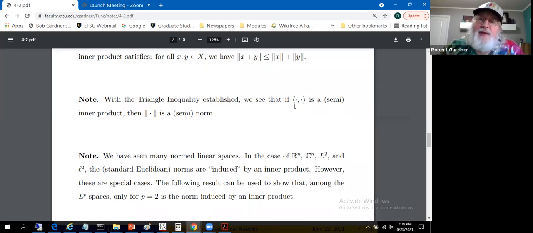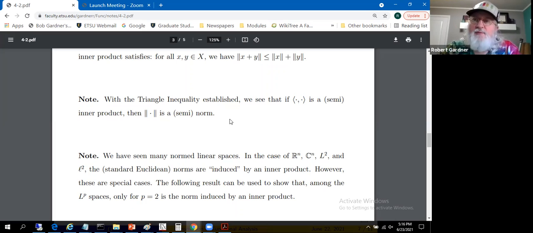We see that if this is a semi-inner product, then it induces a semi-norm. If it's a regular old inner product, forget the stuff in parentheses, then it induces a norm. For our purposes, inner products induce norms. Same thing happened in R^n.